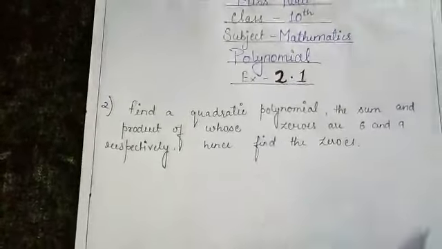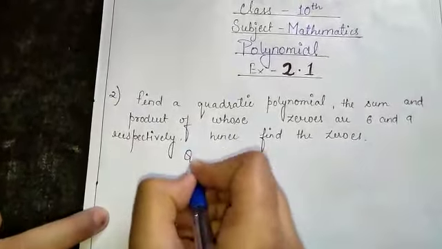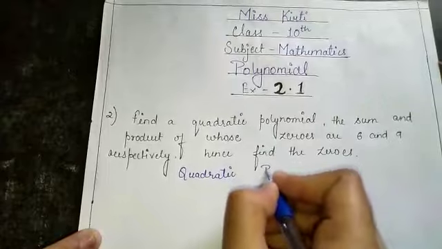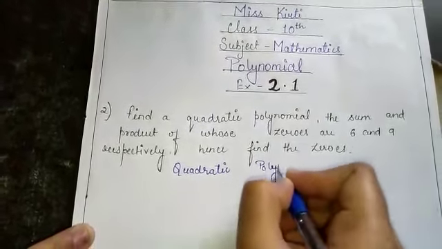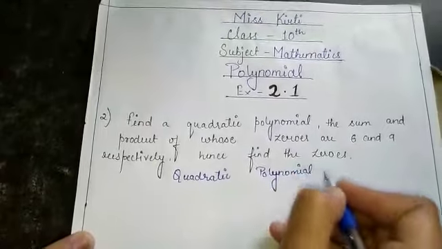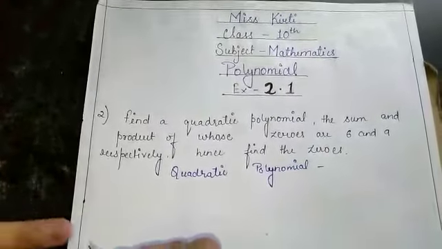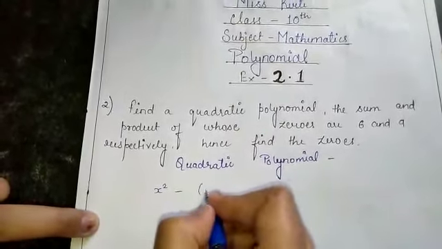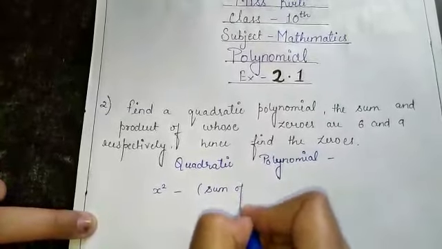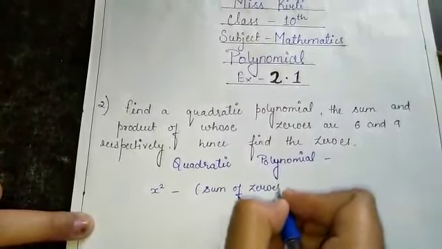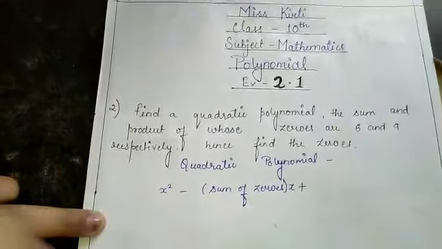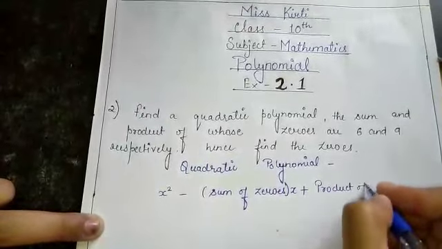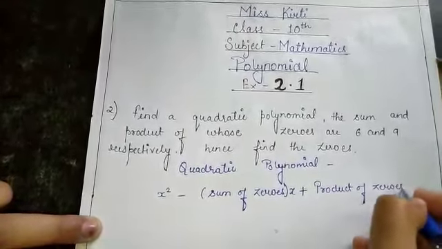The formula is: quadratic polynomial is x square minus sum of zeros x plus product of zeros.